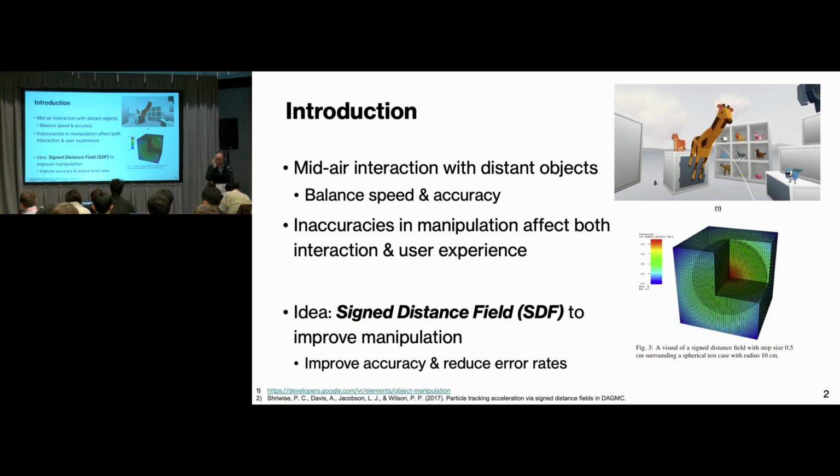All of these inaccuracies affect the manipulation and thus also the user experience. The big idea in this talk is to use a signed distance field to improve the manipulation. I'll talk more about the details in a few minutes, with the intent to improve the accuracy and reduce the error rates, just to make it easier for people to do manipulation tasks.